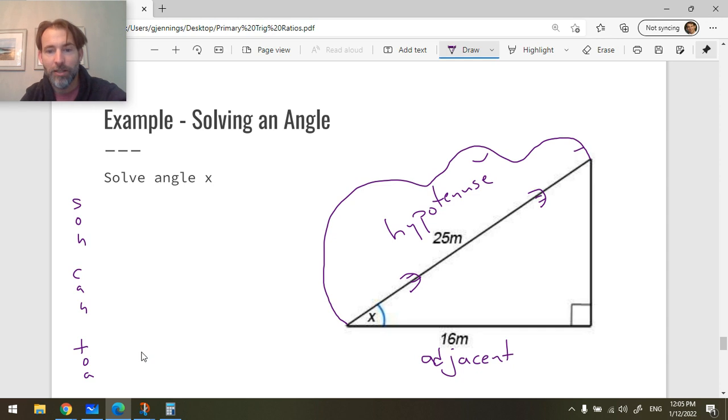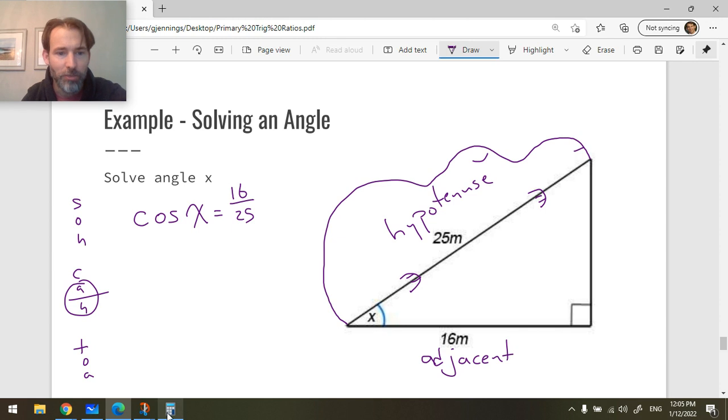Which one relates adjacent to hypotenuse? Cosine, yeah. Cosine is adjacent over hypotenuse. So what I know from this picture is that the cosine of angle X is equal to adjacent over hypotenuse, 16 over 25. All right, now let's find out what that is.